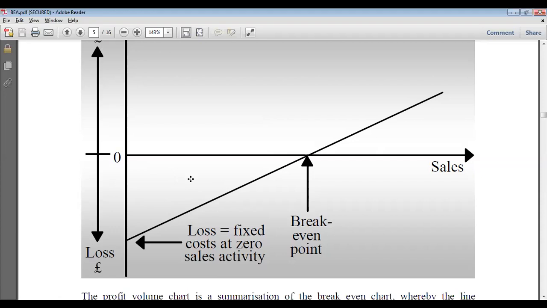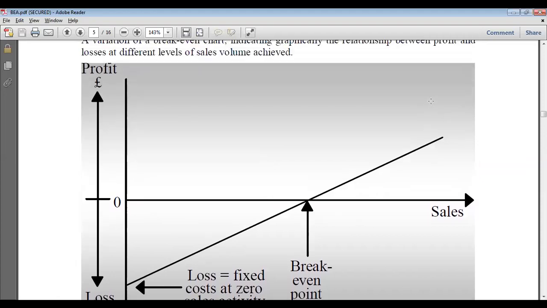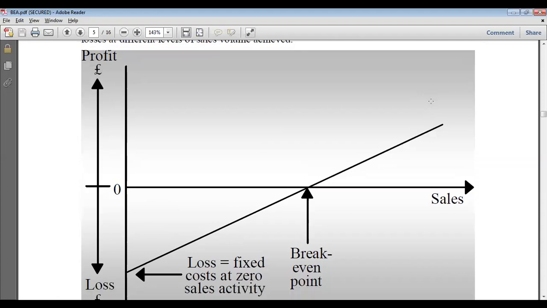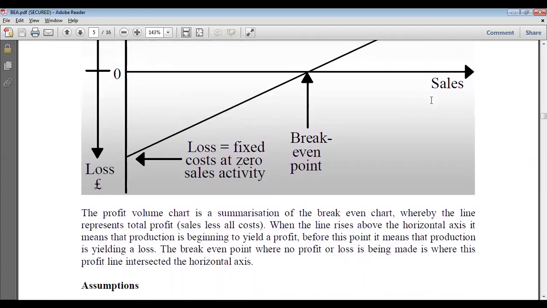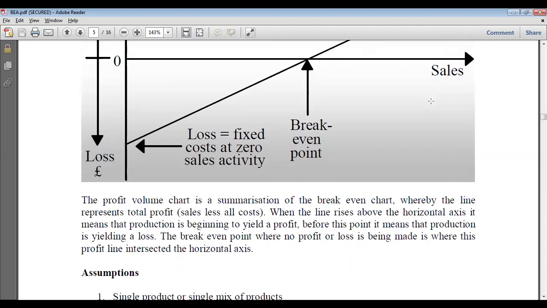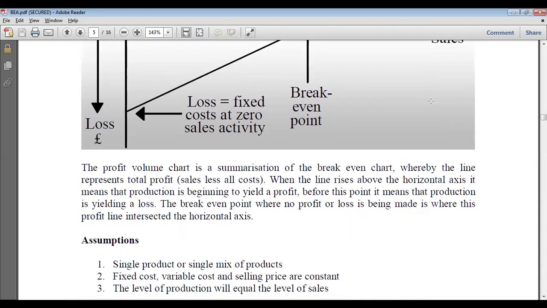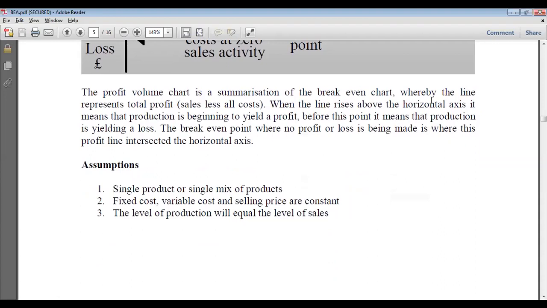These are the losses, and this is the break-even point. After the break-even point, you have profits, and the money you would be earning will be sustaining you in the market, whereas the losses are money that you are spending from your pocket.